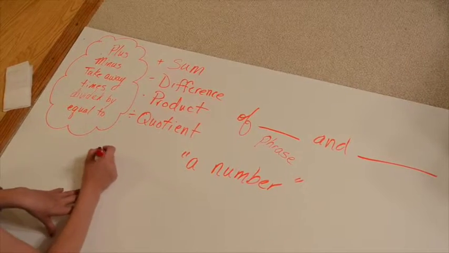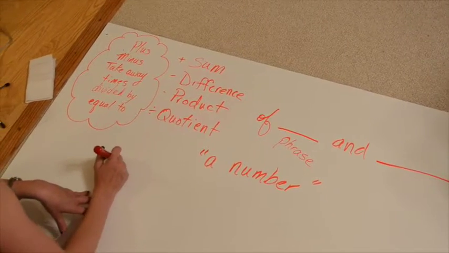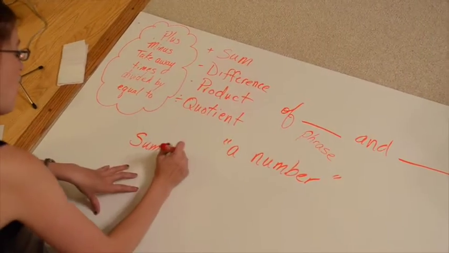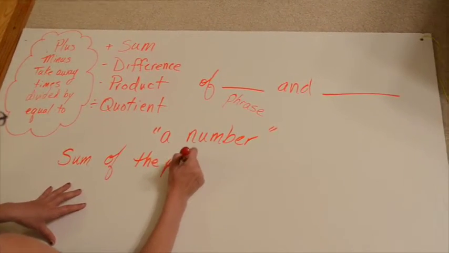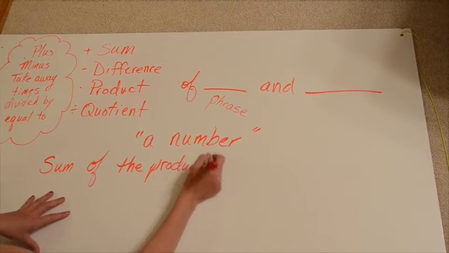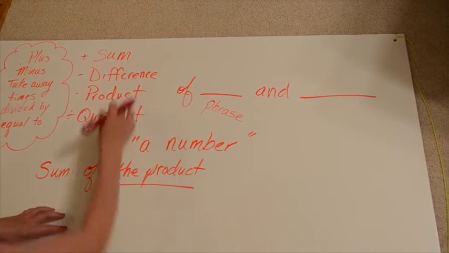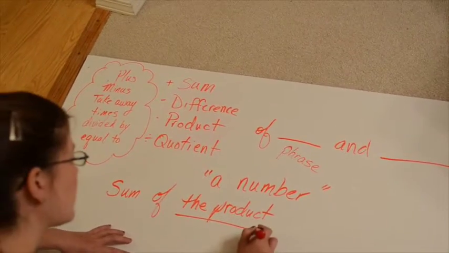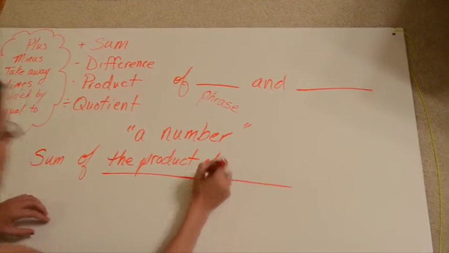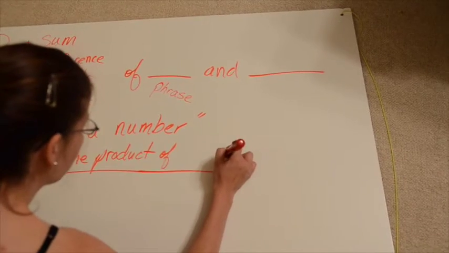So for example, if we were doing the sum of the product, notice inside of my phrase, I already have another one of these words. So inside of here, I'm going to have another of and.